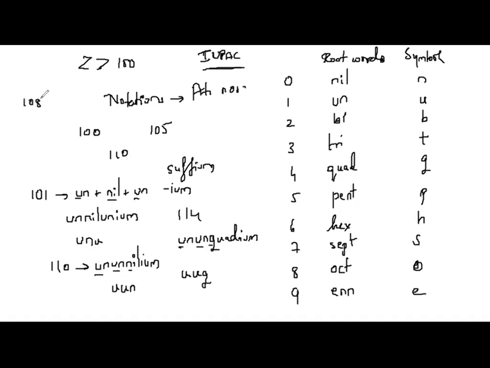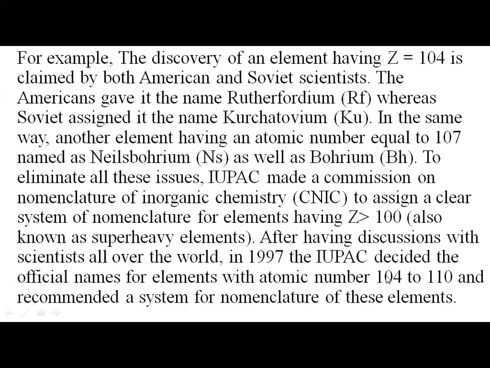If it is 108, nil, oct, ium. So un, nil, oct: U, N, O. Understanding? 109: un, nil, enn, ium. So U, N, E. So this was the symbol and this was the official name for the elements with atomic numbers greater than 100.